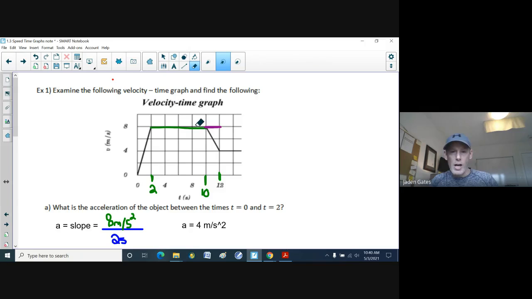All right, so my run here is from 10 to 12. That's 2 seconds. And then my rise, which I really shouldn't call a rise, I'm going down. So it's more of a drop. I'm going a drop of 8 to 4. So I'm going down 4. So my run is going to be over 2. And my rise, or lack of it, is going to be down 4.